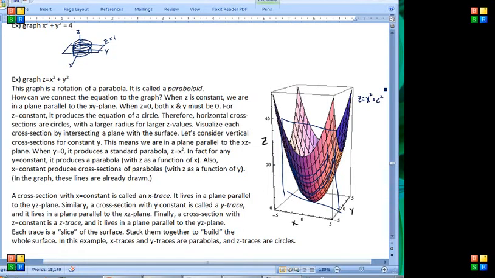So this is what happens if we look at y being a constant. What about if we look at x being a constant? So for example, x equals -1 means we're here.